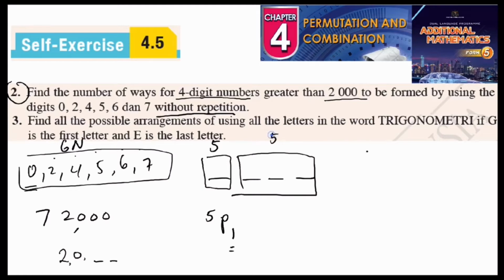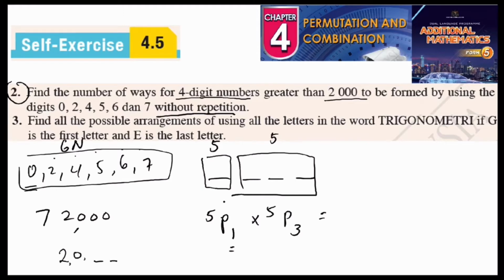That's why we use 5P3. If you use a calculator, you press 5P3 and then times 5, you get the answer. Or else you can write 5 times 4 times 3 for 5P3. So 5P1 is 5. 5 times 5 times 4 times 3 can also be accepted.